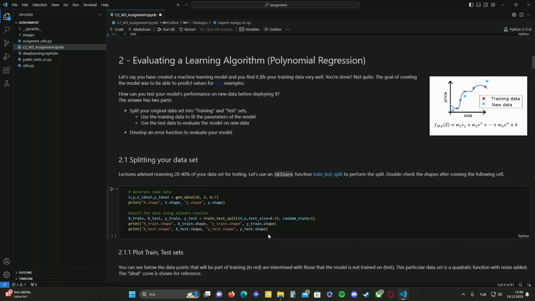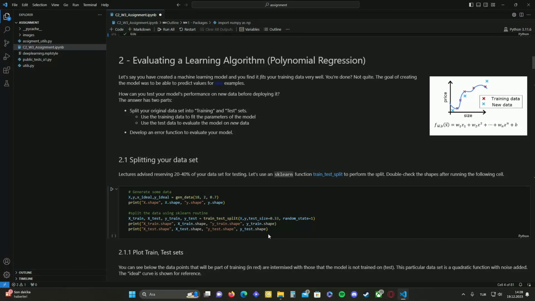Splitting your data sets: lectures advised reserving 20 to 40% of your data set for testing. Let's use the sklearn function train_test_split to perform the split. Double check the shapes after running the following cell.